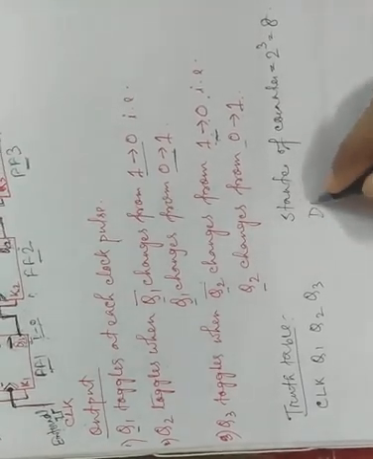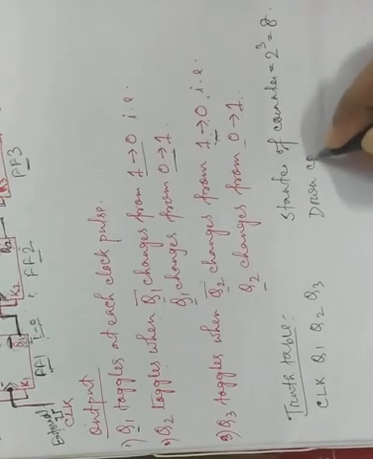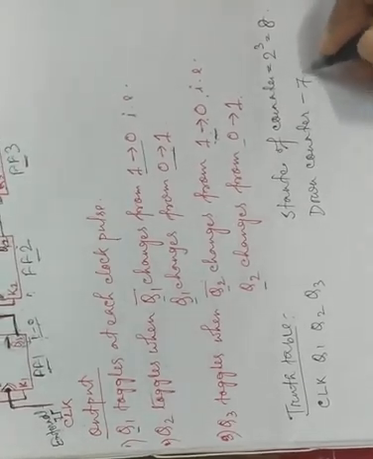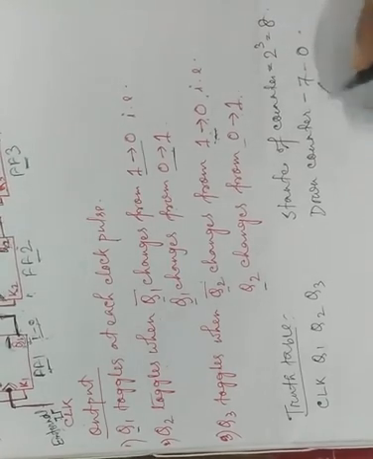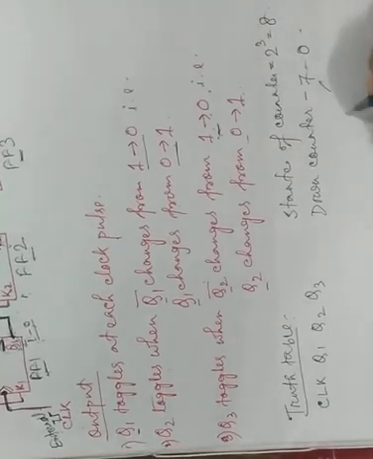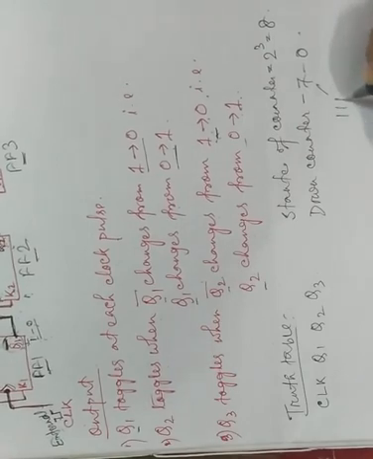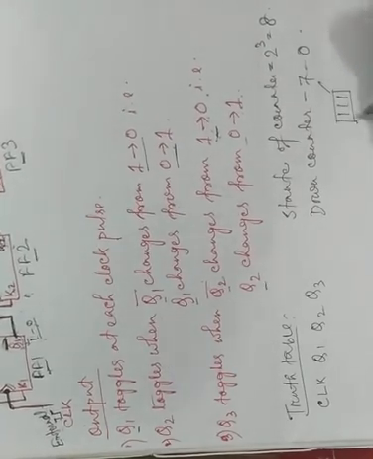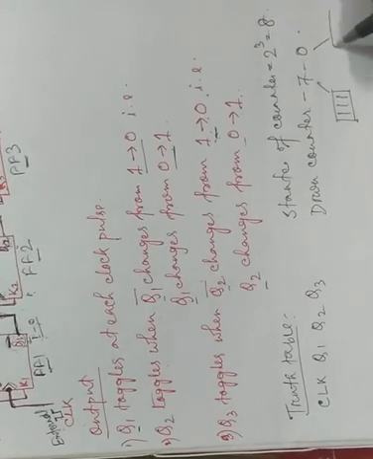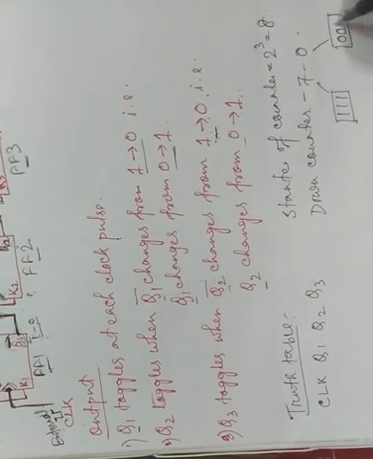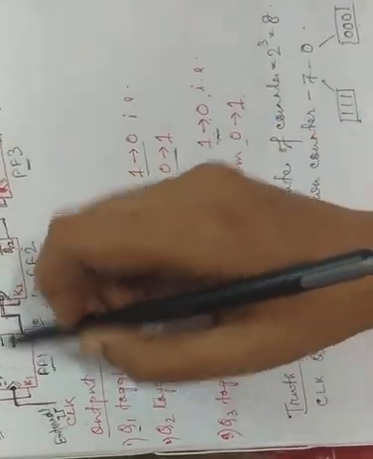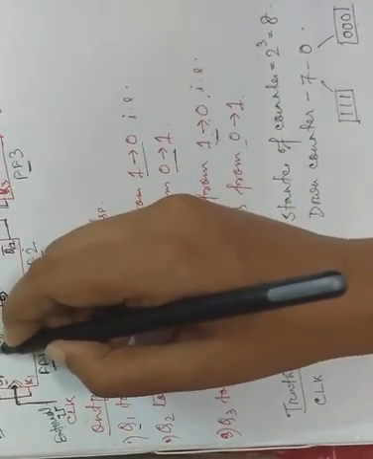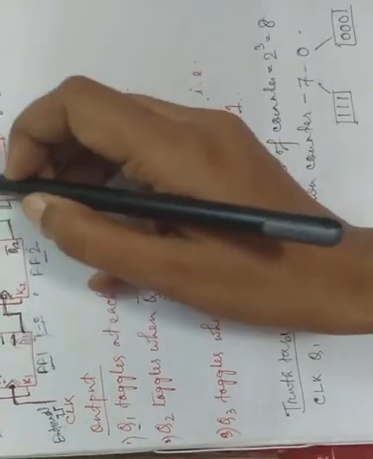So as this is a down counter, it counts from 7 to 0. This is its initial value. The binary of 7 is 1 1 1. So the initial condition of the counter is 1 1 1 and the ending condition is 0 0 0. So all the flip-flops are preset to 1 1 1.